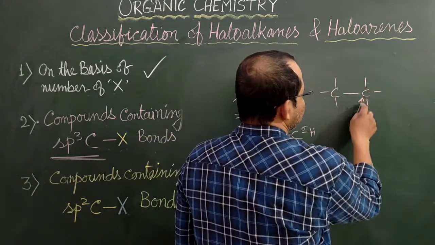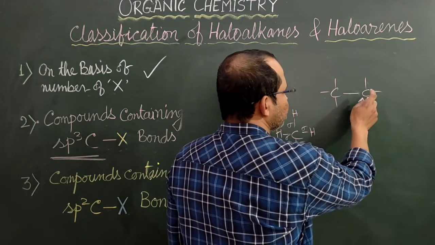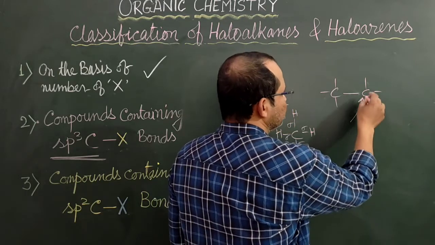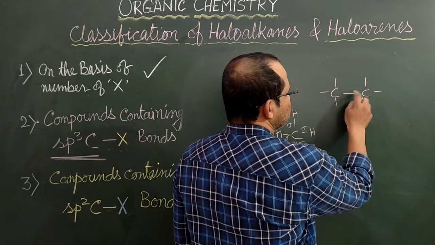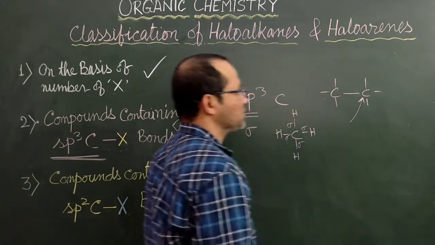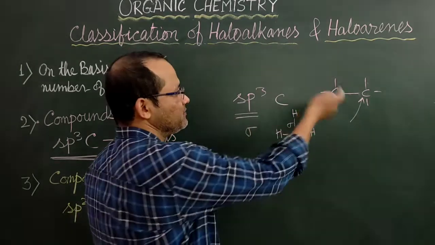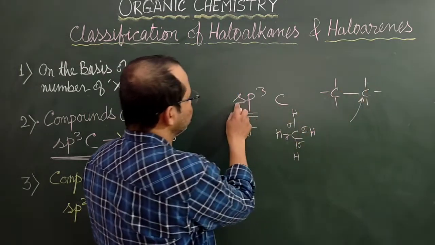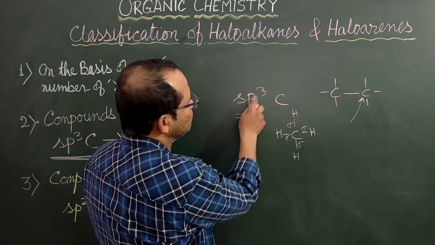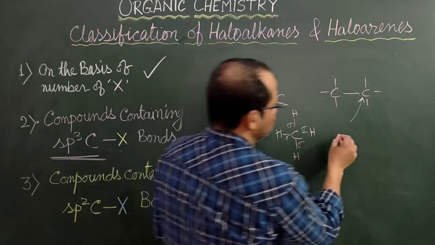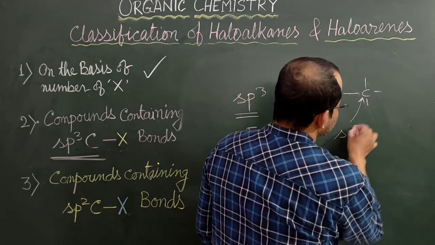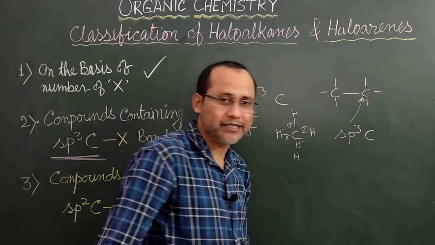If we take this one, this carbon is also an sp3 carbon atom, because with this, 1 2 3 4 sigma bonds are there, so altogether 4 orbitals participate to produce this. One is an s orbital and 3 p orbitals, so this is termed as sp3. This carbon is also sp3.